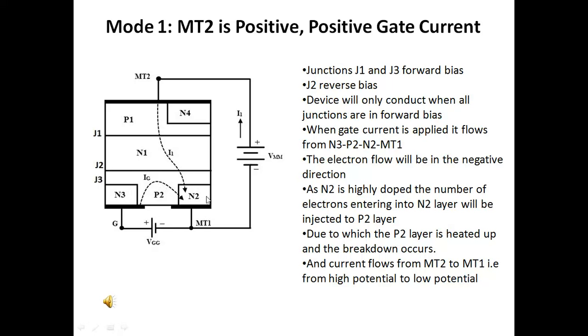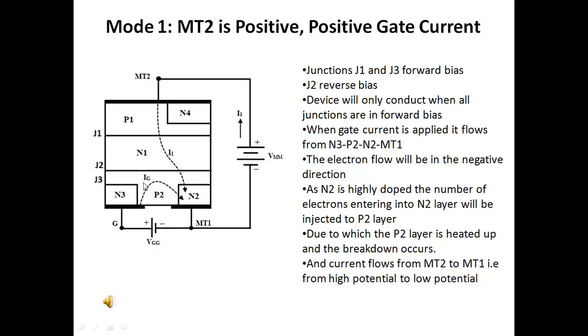Now as N2 is highly doped, the electrons entering the N2 layer will be injected into the P2 layer, due to which the P2 layer is heated up and breakdown occurs.